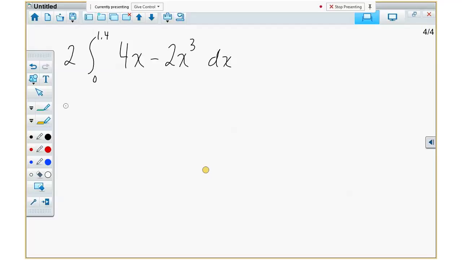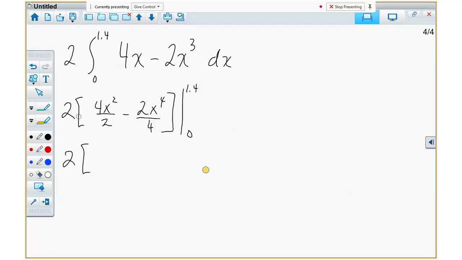So that's going to be 2 brackets 4x squared over 2 minus 2x to the 4th over 4, evaluated at 0 and 1.4. Now I'm going to cancel a little bit to make it simple. 2 brackets, that'll be 2x squared minus 1/2 x to the 4th, evaluated at 0 and 1.4.